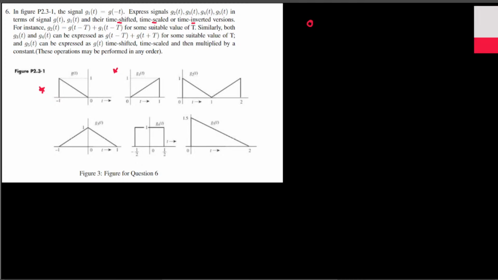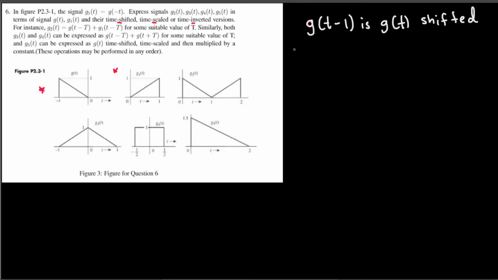Let me use a different color. G of t minus 1, that is G of t shifted right by 1 unit.